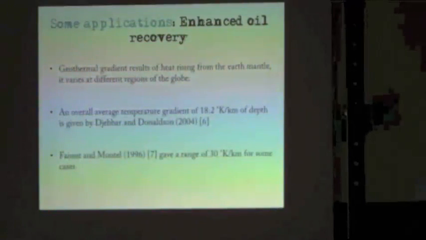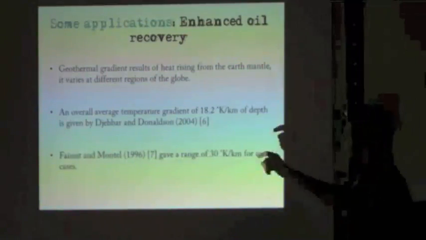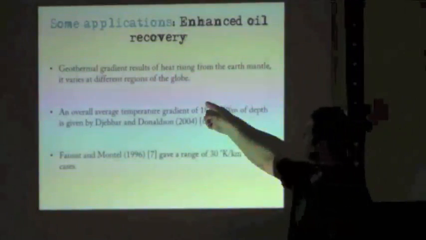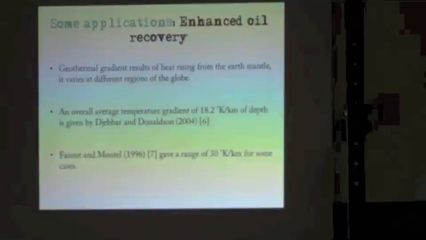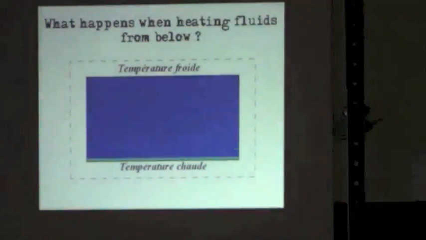A little word about the vertical temperature gradient. Some references give 18 degrees Kelvin per kilometer of height, and some give about 13 degrees Kelvin per kilometer. But the geothermal gradient results from heat rising from the Earth's mantle, and it varies strongly in different regions of the globe.